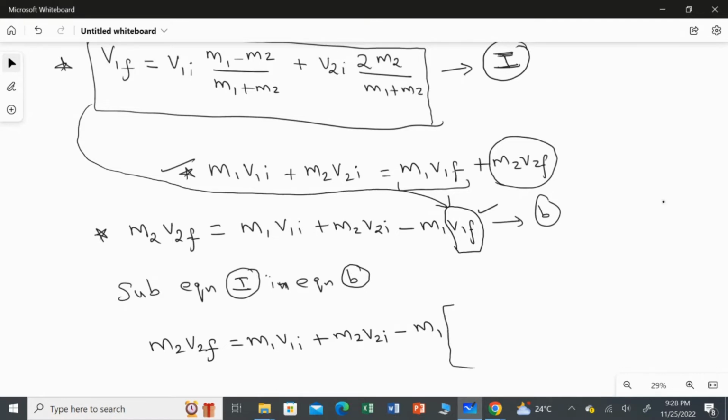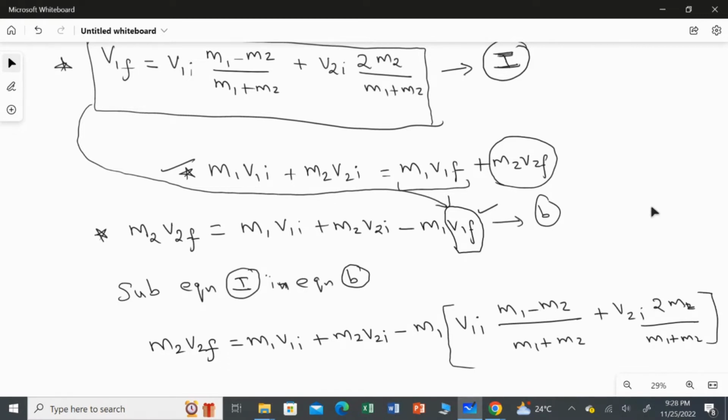Here I have to substitute the value of V1 final: V1 initial multiplied with (M1 minus M2) over (M1 plus M2), plus V2 initial multiplied with 2 times M2 over (M1 plus M2). That's it.